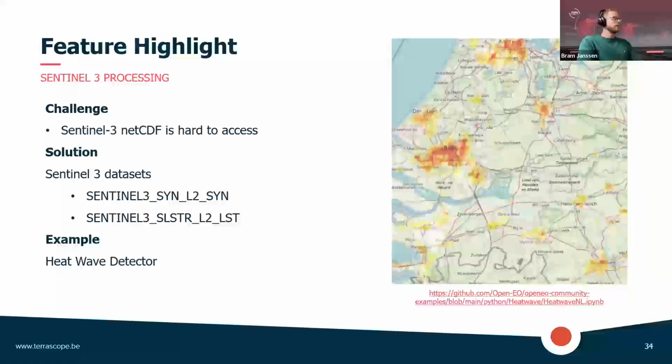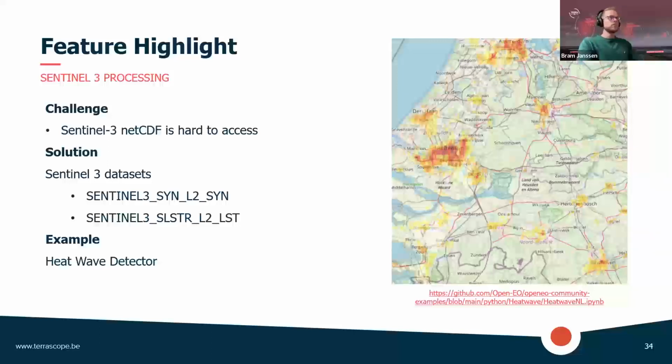And one of the last feature highlights of openEO is Sentinel-3 processing. That was added quite recently because in general, it's very hard to read and access Sentinel-3 datasets. And therefore, openEO has focused on supporting Sentinel-3 datasets. There are 2 right now available.